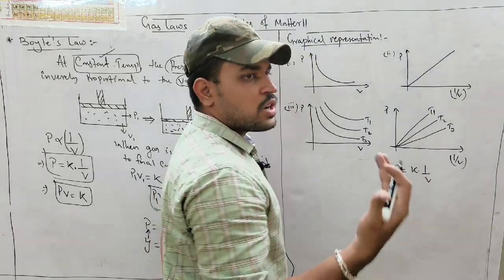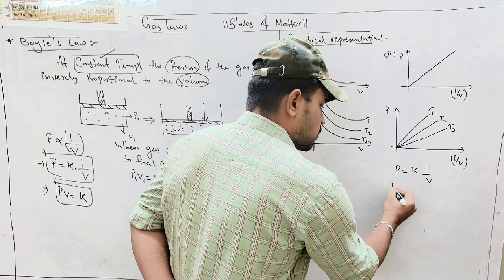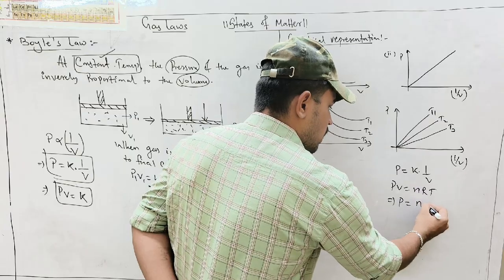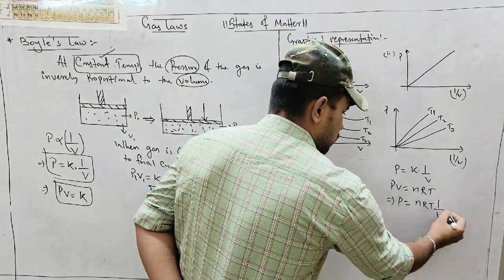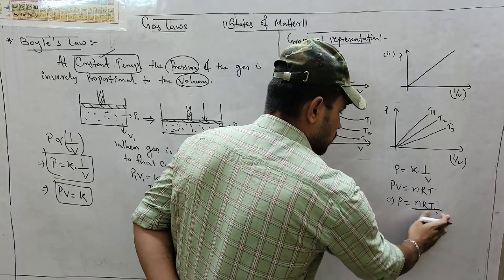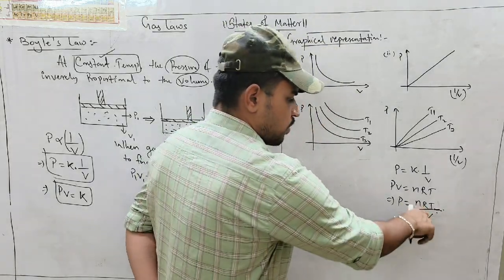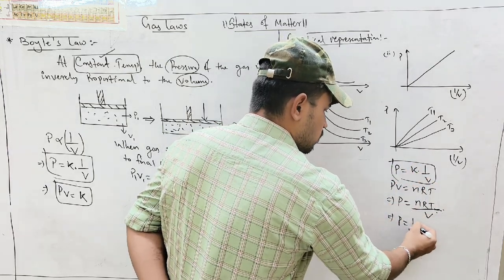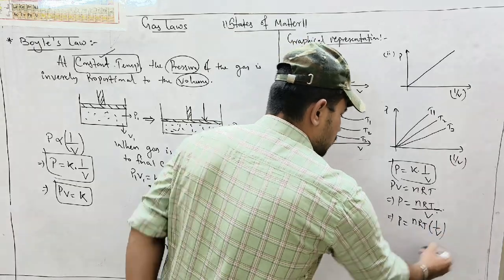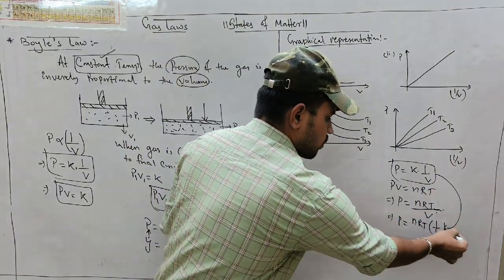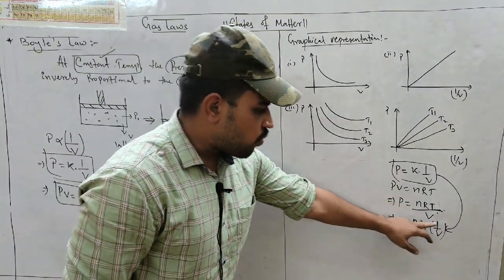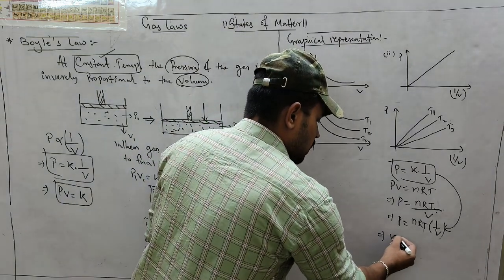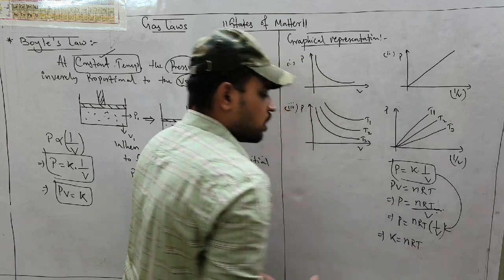If this equation is equated with the ideal gas equation, what is the ideal gas equation? PV is equals to nRT. So what we can write is P is equals to nRT by V, that is nRT into 1 by V. If you equate these two equations, we understand that this K value is equals to nRT.